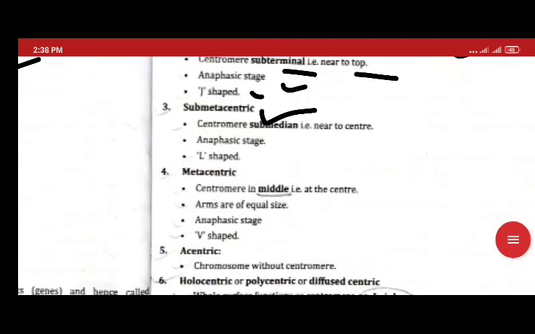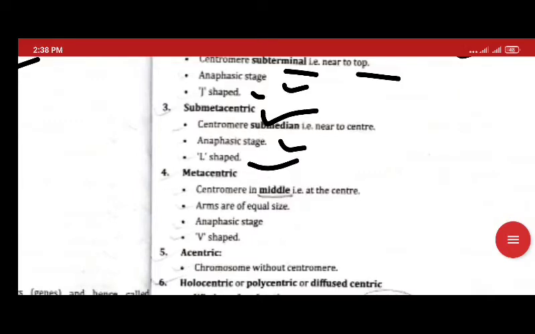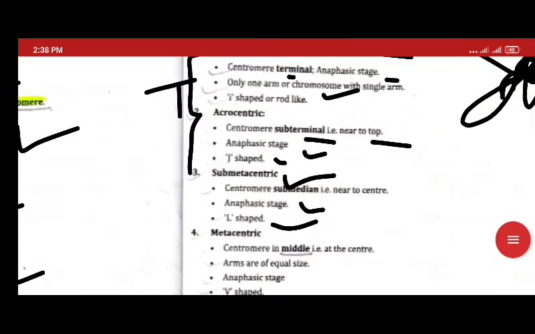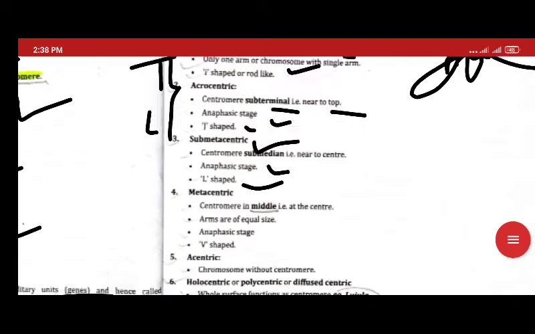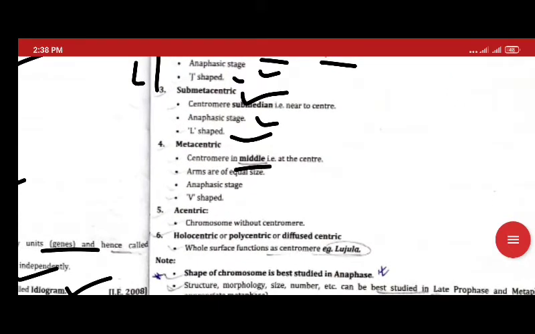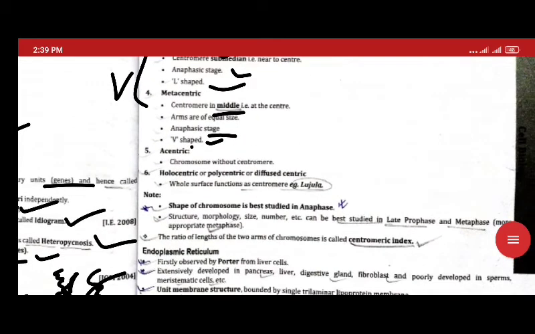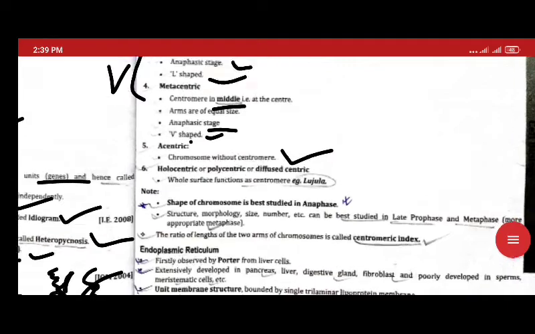Now submetacentric. Submetacentric is L shape, and this is also seen in anaphase. Now metacentric has the centromere in the middle, also seen in anaphase, and it is V shaped. Now acentric means without centromere.